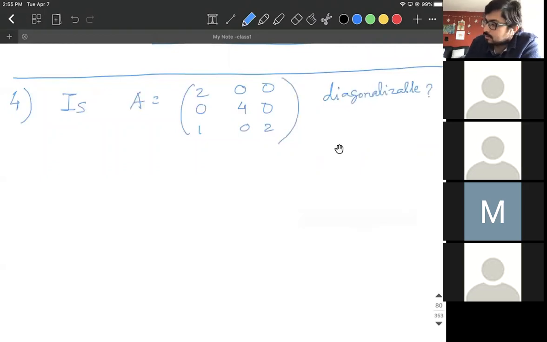Okay, the first thing, without going into computing the characteristic polynomial or anything, can you tell me right away what are the eigenvalues of this matrix? Or not looking at the lecture notes. So what are the eigenvalues of this matrix? Any guesses? No guesses?